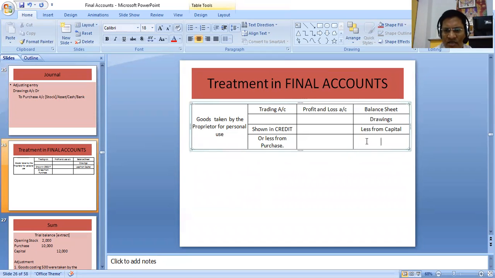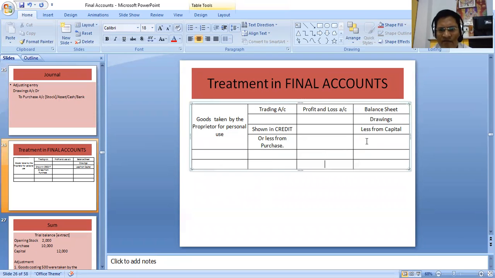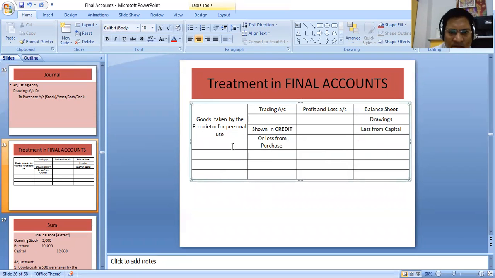Now my question is, if instead of stock, the proprietor would have drawn cash and that would have been given in the adjustment, then how would the treatment have been?